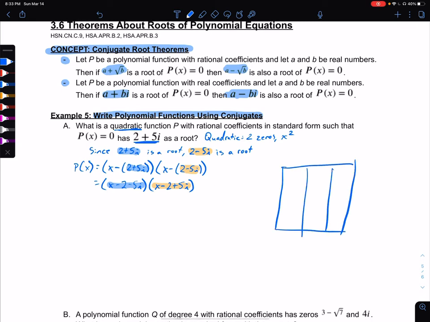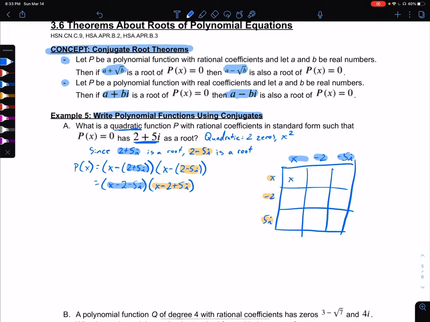All right, so I have a 3 by 3, so I'm going to make a 3 by 3 Punnett square. And up top, I'll have my x minus 2 minus 5i. So that's for these. And then x minus 2 and a positive 5i. And those three came from our second group or our second term.